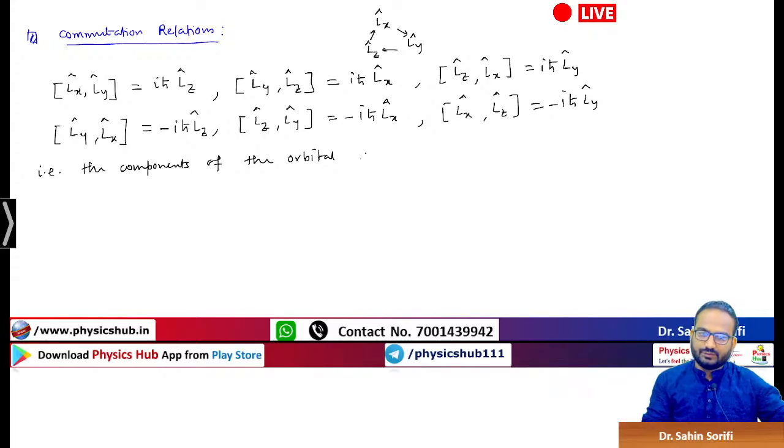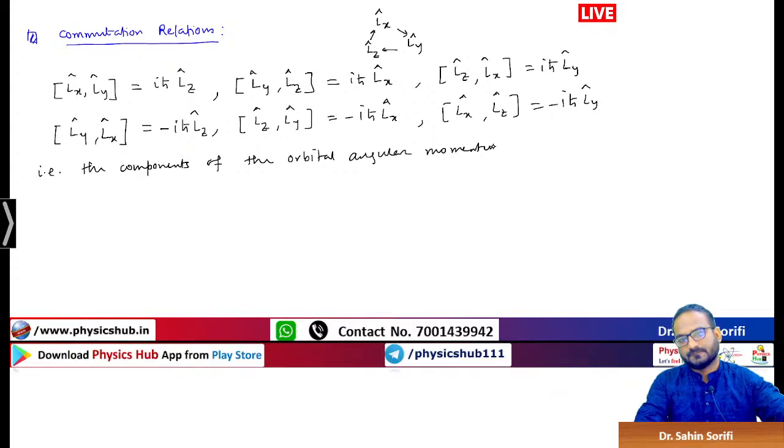So for the time being, we are focusing on the orbital angular momentum part only. That is, the components of the orbital angular momentum cannot be measured simultaneously accurately.